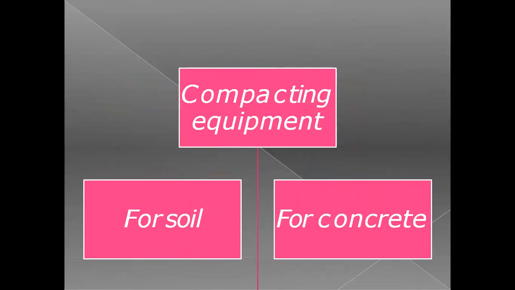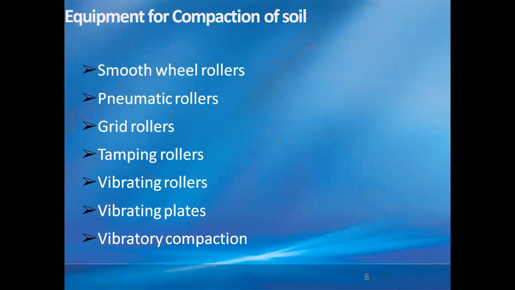There are different compaction equipment required for the different features which are to be brought into the site. For soil, we use different compaction equipment, and for concrete, we use different compacting equipment.